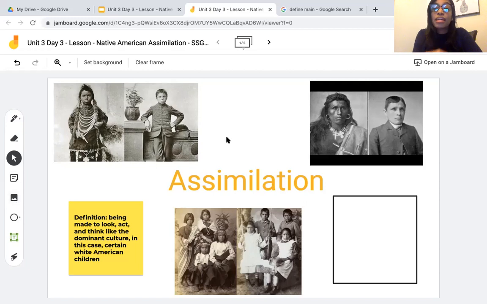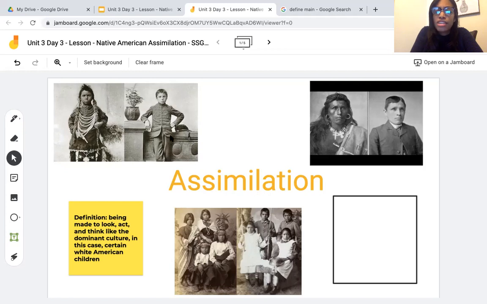It can be collaborative on this Jamboard, where the kids can use the sticky notes to write in their home language. They can write in English. They could also include visuals or anything that they can connect to, including things from the text. And here you can say, okay, well, what is assimilation? What do you think it means?